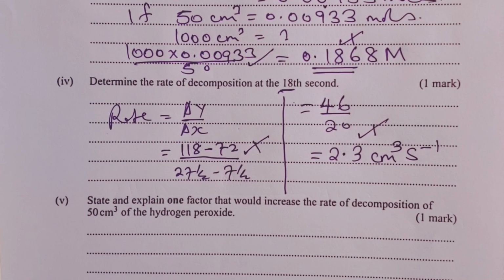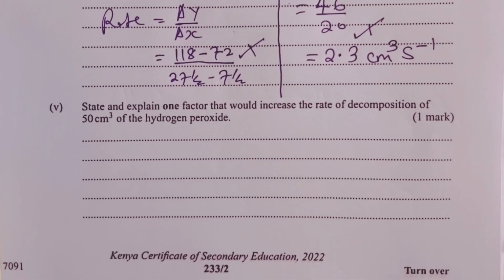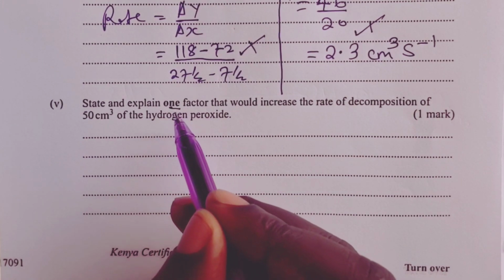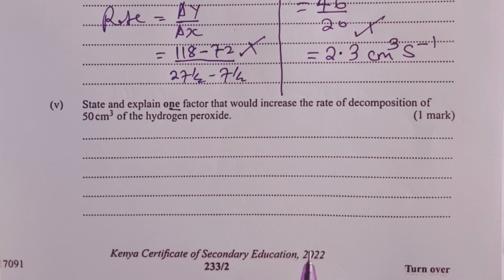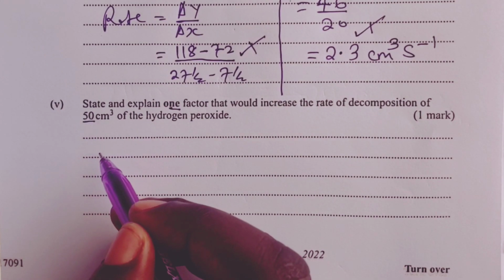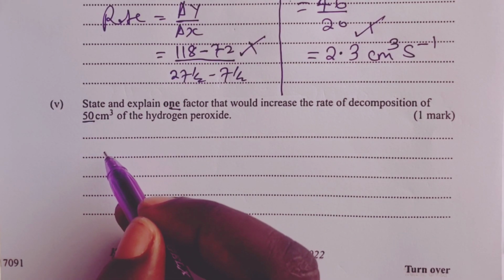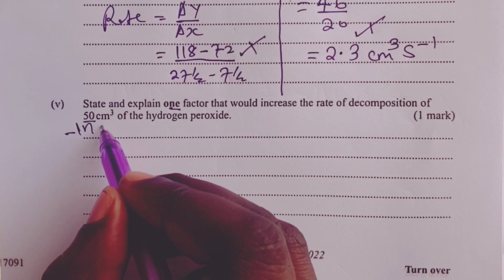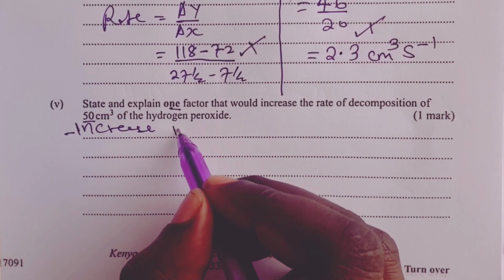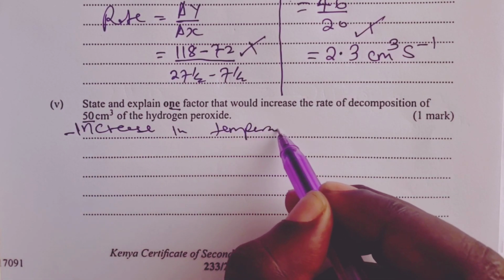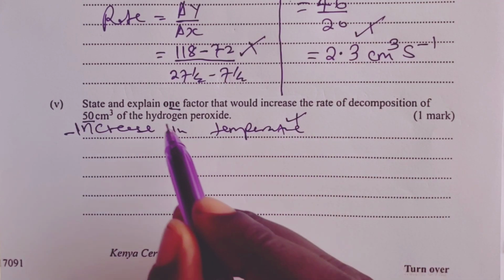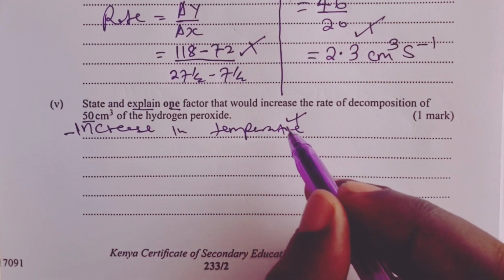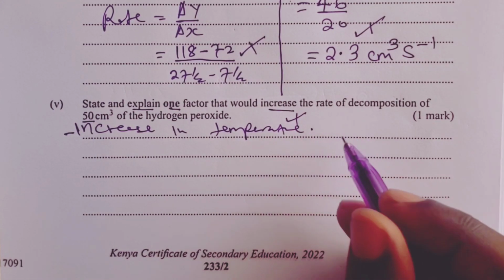We proceed to part 5, and we are told to state and explain one factor that would increase the rate of decomposition of 50 cubic centimeter of our hydrogen peroxide. The first factor that we can have is increase in temperature. For the first half mark, we are told to state and explain. So we've stated that increase in temperature would increase the rate of decomposition. How?